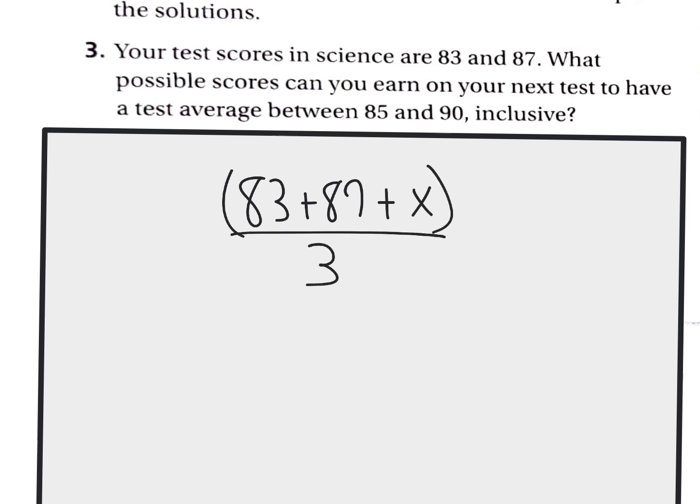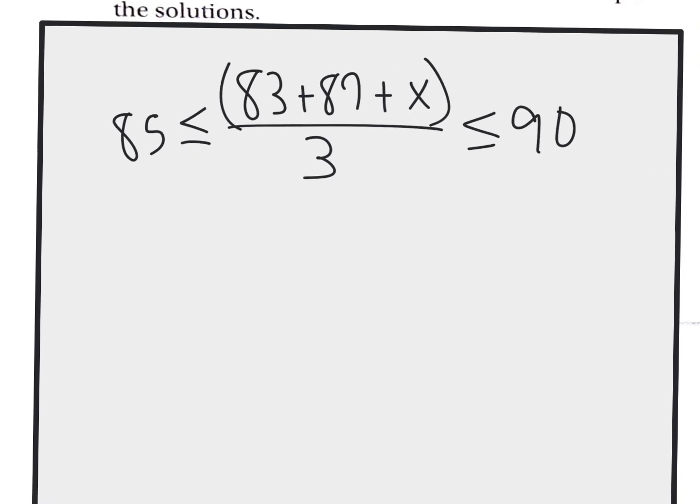For an average, it'll be divided by 3. We want it to be between 85 and 90 inclusive. So just like we did on the problems earlier, you can add in the numerator: 83 plus 87 would be 170.